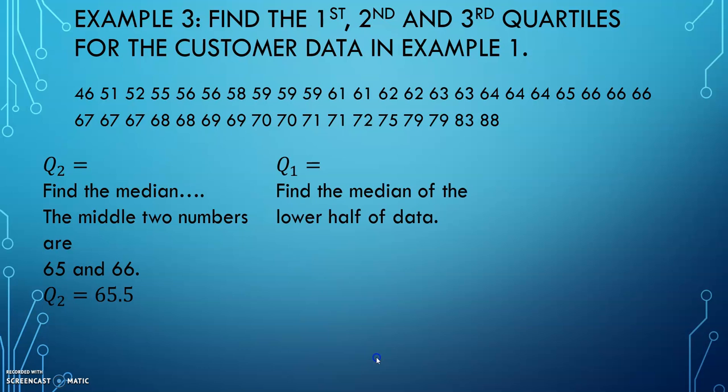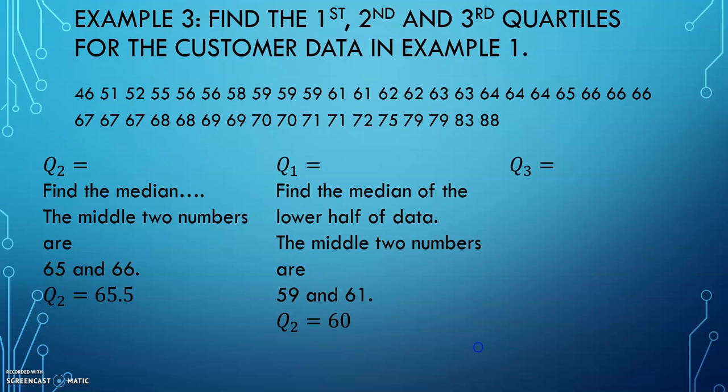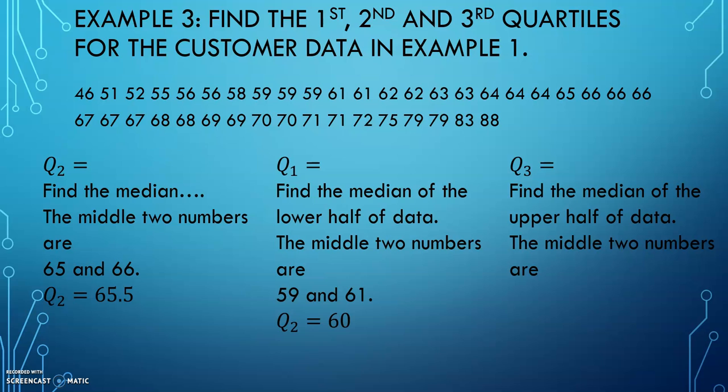Q1. Find the median of the lower half of the data. The middle two numbers of the lower half are 59 and 61. Q1 equals 60. Q3. Find the median of the upper half of the data. The middle two numbers are 69 and 70. Q3 equals 69.5.